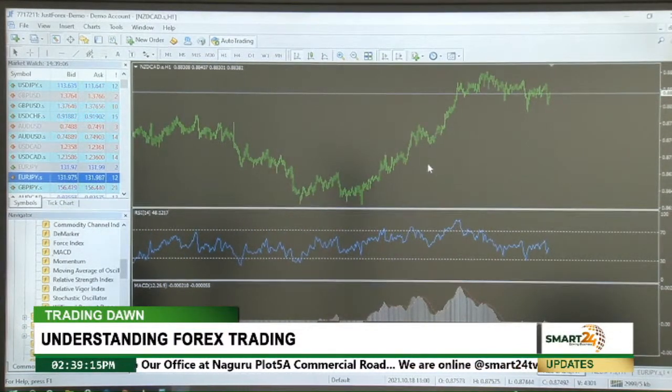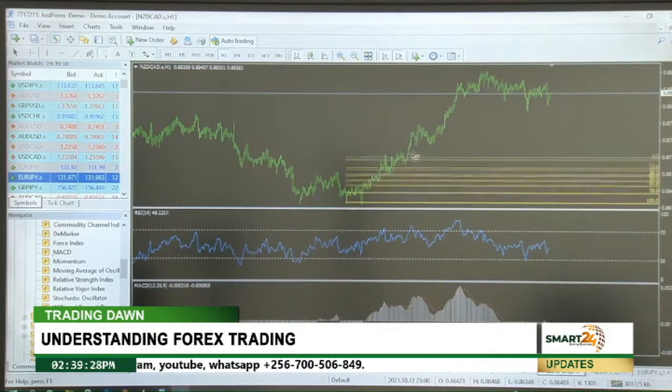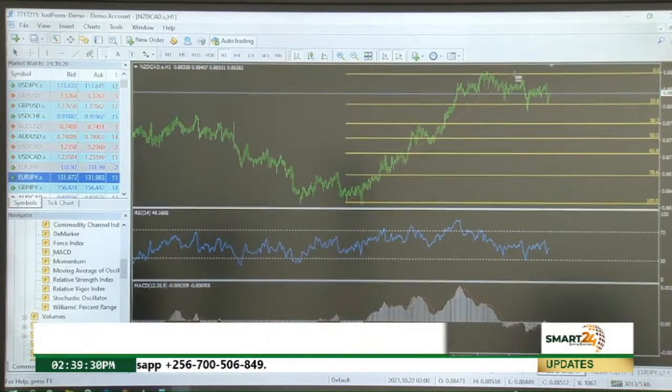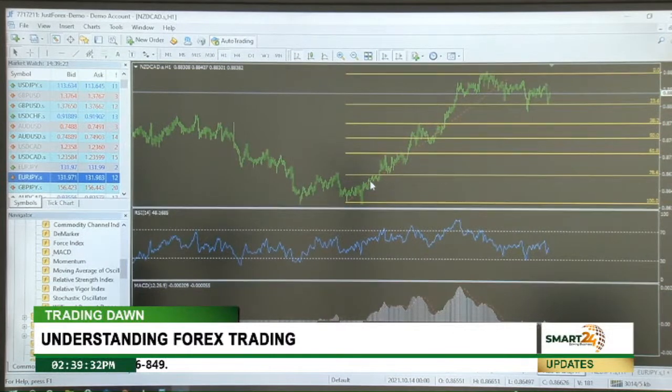New Zealand dollar versus the Canadian dollar was a good setup for a reversal. It hasn't yet happened, but you can be hopeful and wait. Some retracement levels there. Price bounced off the 23.6, and if it continues downwards you can sell.